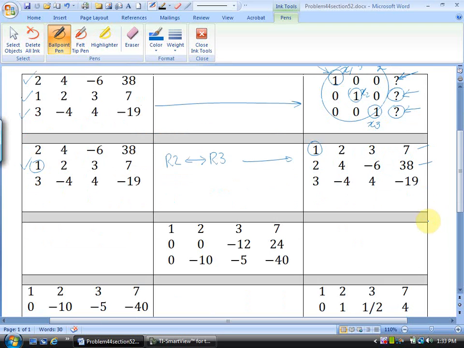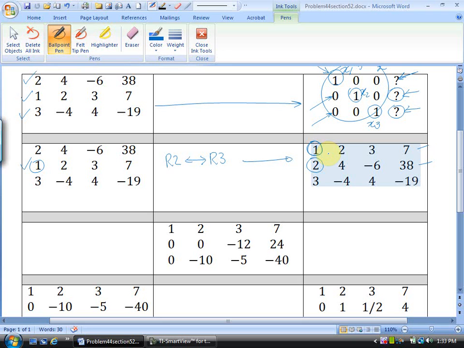So now we're going to look here and think, how can I make this 2 become a 0? Because our goal is to put zeros under that 1. So how can I make a 2 become a 0 when I start off with a 1? Well, if I add negative 2 to positive 2, I get a 0.